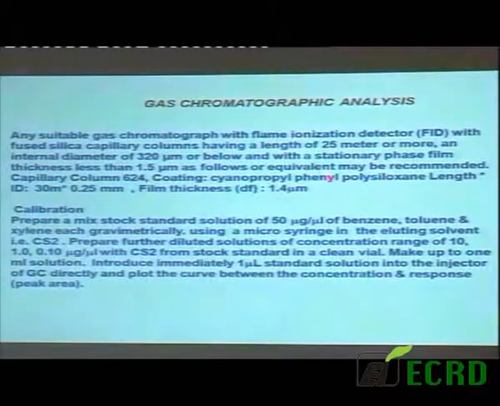Then gas chromatography. You can use FID, and here I will just caution you: do not use a packed column. You cannot get accurate results with a packed column, so you have to use a capillary column, and its length should be at least 25 meter or 30 meter or even better.